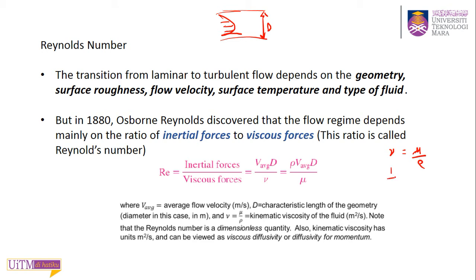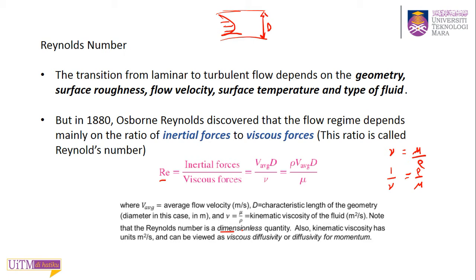So 1 over nu is equal to rho over mu. That's why you get rho times average velocity times the diameter over the dynamic viscosity. This will give you the Reynolds number.